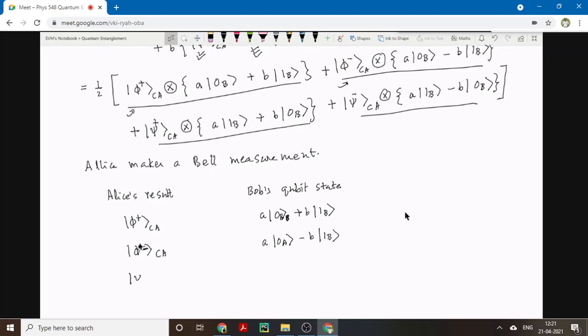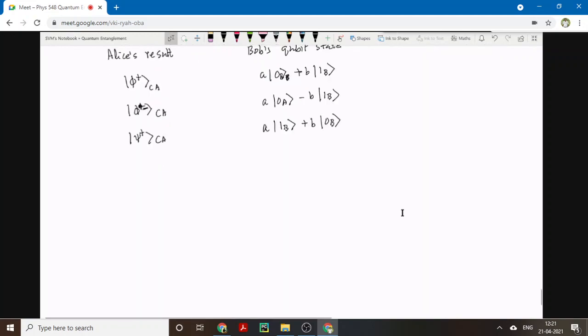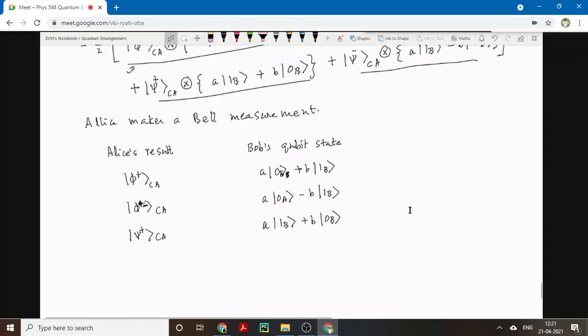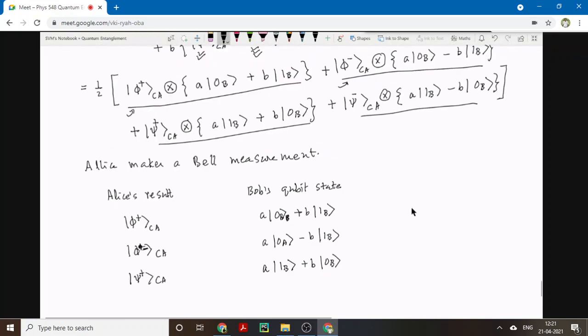If Alice gets psi plus CA as the state after Bell measurement, then his state is A 1 plus B 0. And lastly, if she gets psi minus CA, then you are going to have A 1 minus B 0.